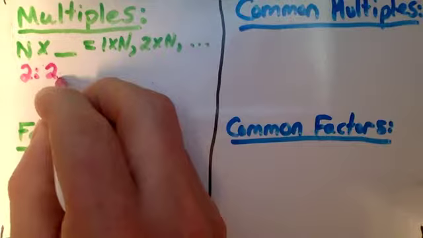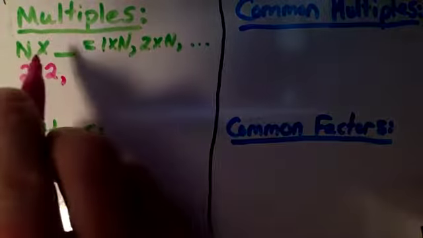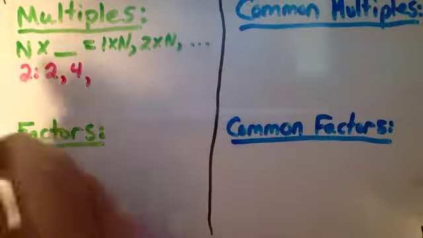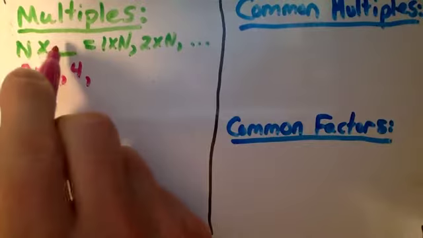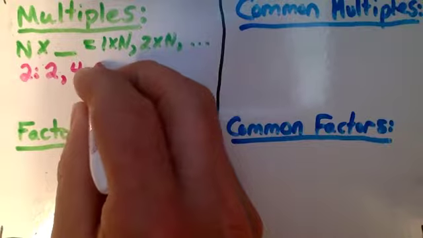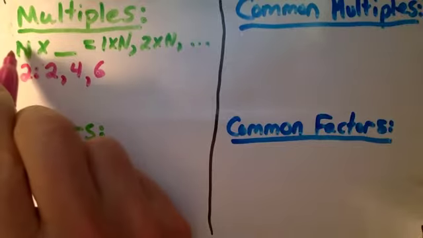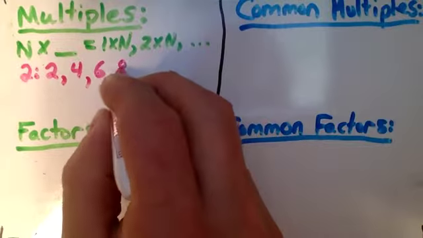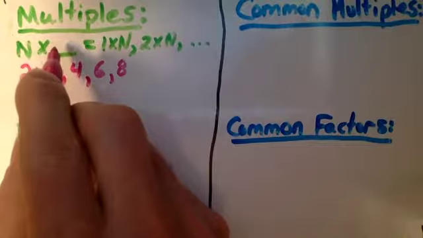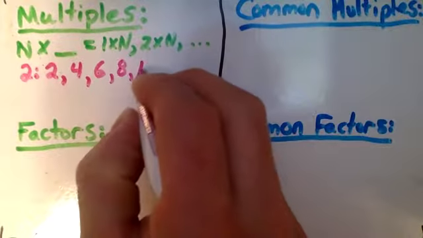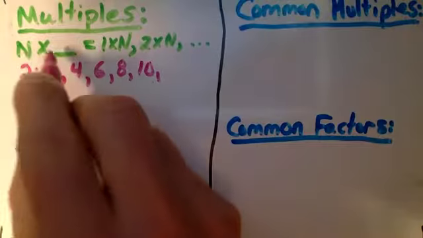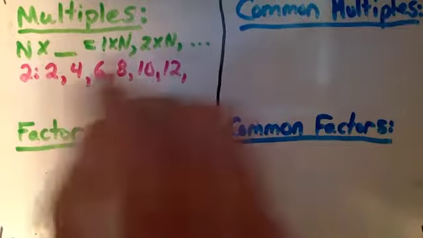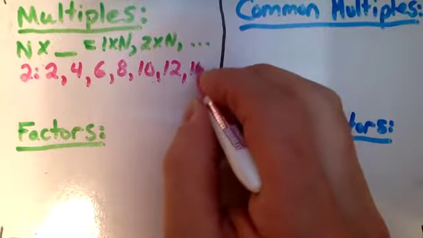Well, that's going to be 2. 2 times 2, that's going to be 4. 2 times 3, that's going to be 6. 2 times 4, that's going to be 8. 2 times 5, that's going to be 10. 2 times 6, that will be 12. 2 times 7, that will be 14.